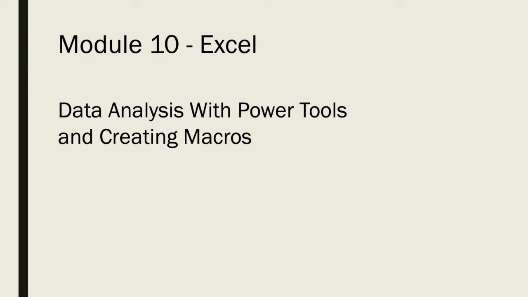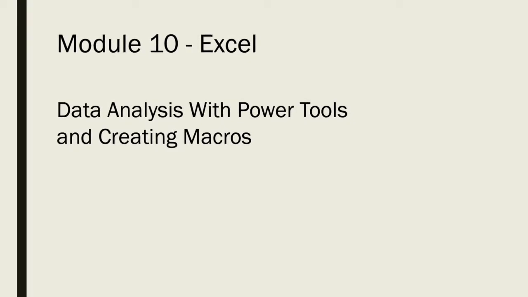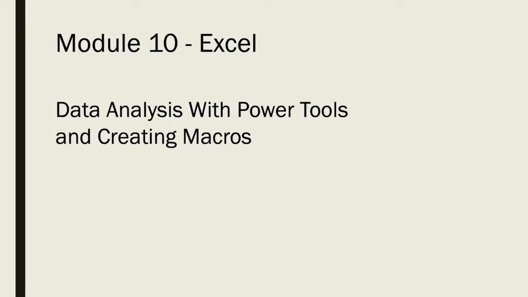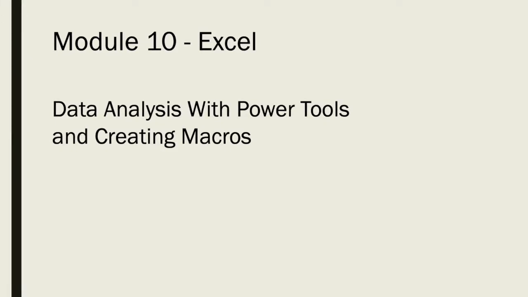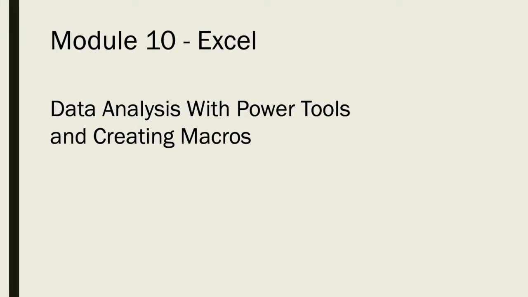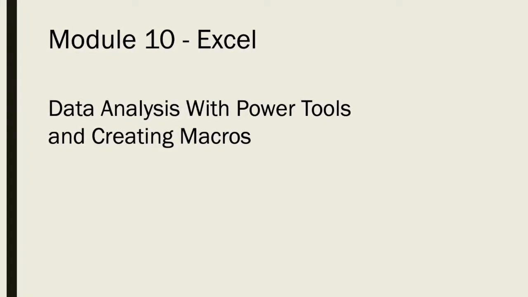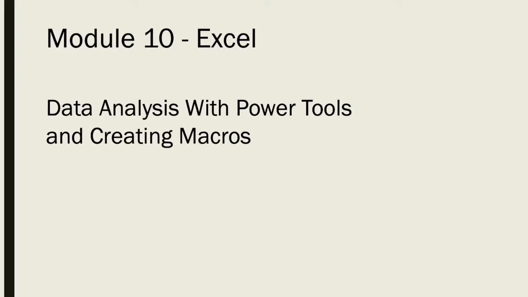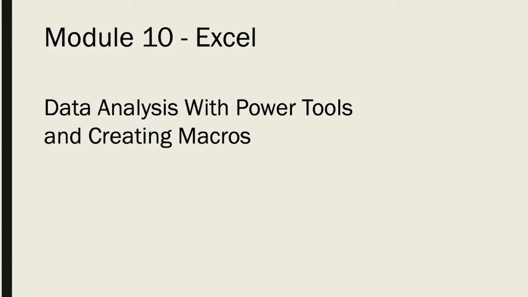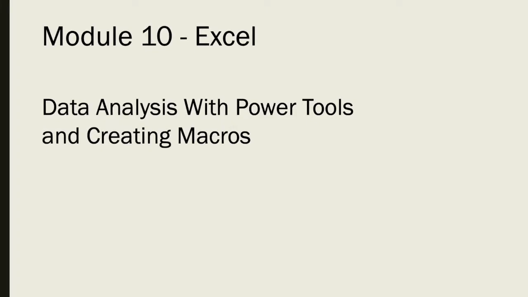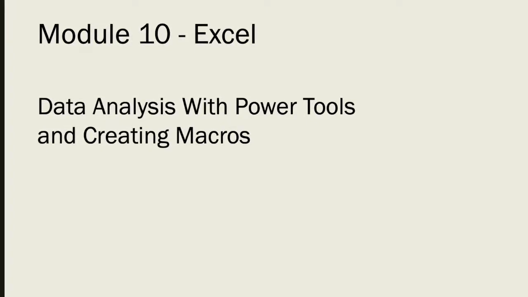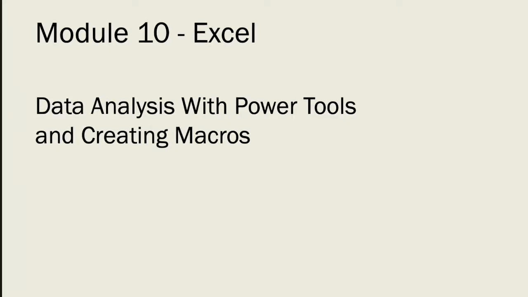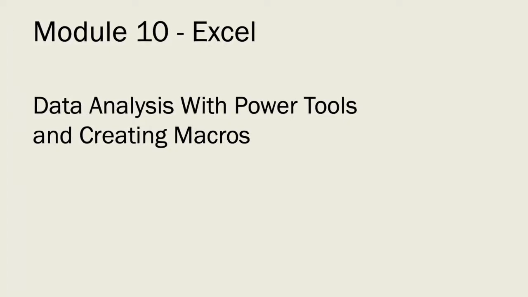The Excel modules do not only consist of working with trend lines, pivot tables, pivot charts, and slicers. The Module 10 of Excel presents the data analysis with power tools and how to create macros. In this module, one can learn how to customize the ribbon and enable data analysis, how to use the get and transform data command, how to create a query using Query Editor, how to explain data modeling, and how to create a measure.